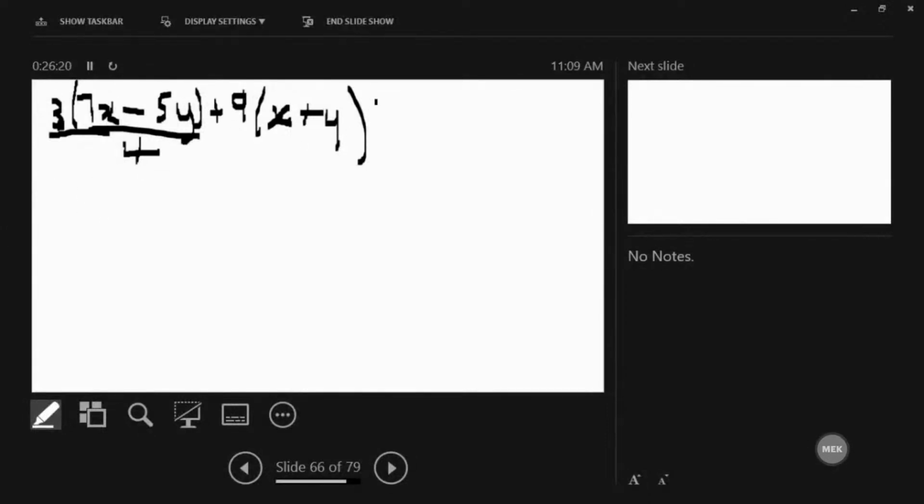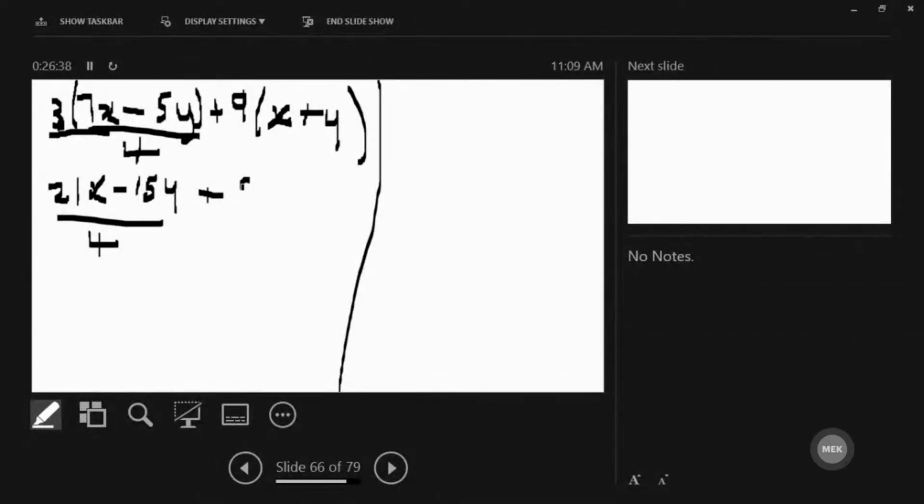So we'd have 3 times 7, that's 21x. 3 times negative 5, negative 15y. And we just have this, so 9 times x, 9x. 9 times y is 9y. We need to put that over 1.